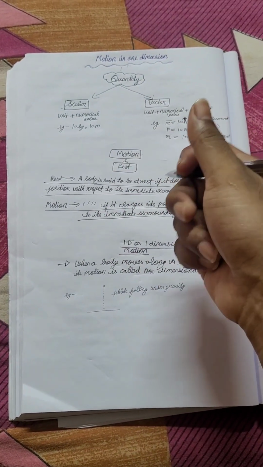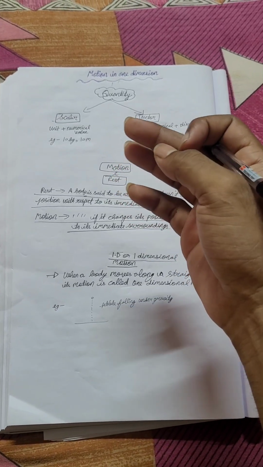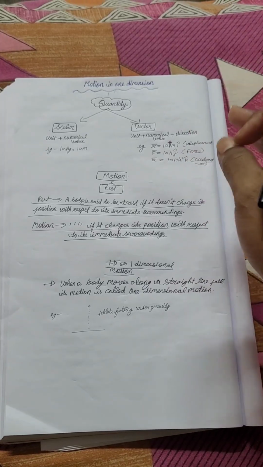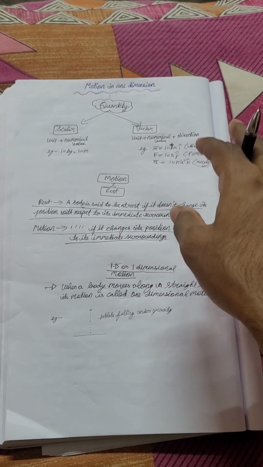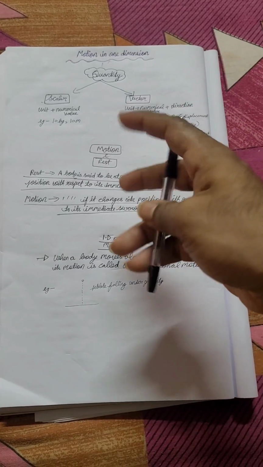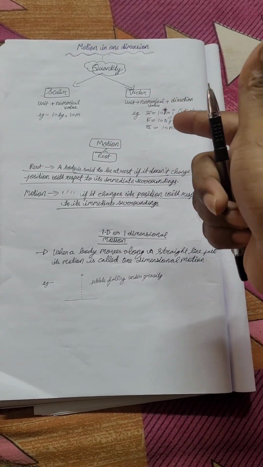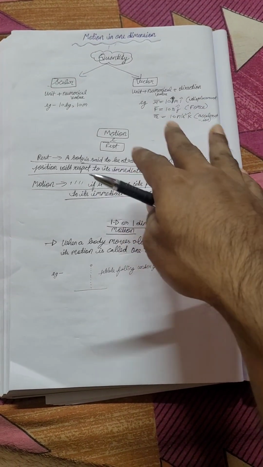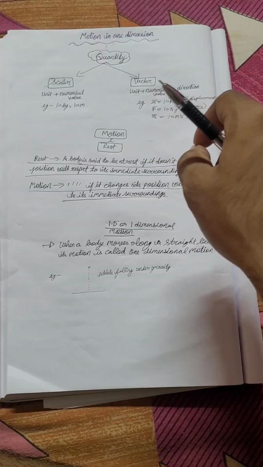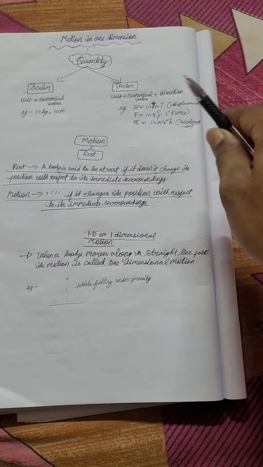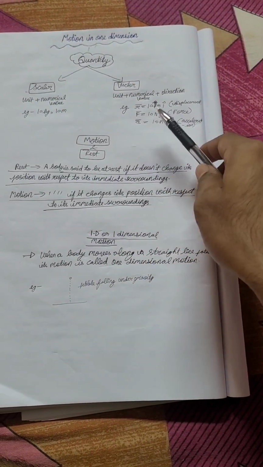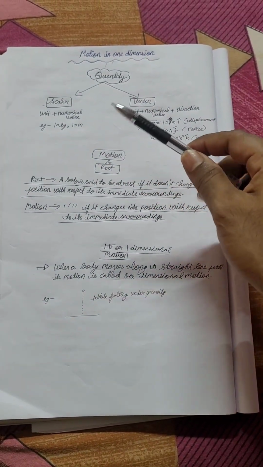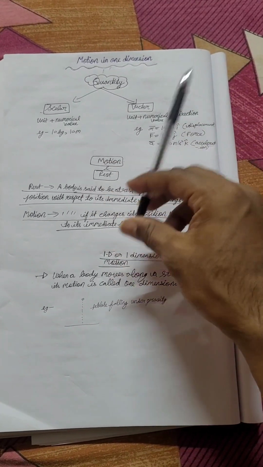Then we will learn about distance and displacement, then speed, velocity, acceleration, then the equations of motion, and there will be lots of numericals which will be coming in your class 9 examination. If someone strengthens this chapter, it will help them a lot in class 11. I have also taught some class 11 concepts so that you get conceptual clarity. So let's start.